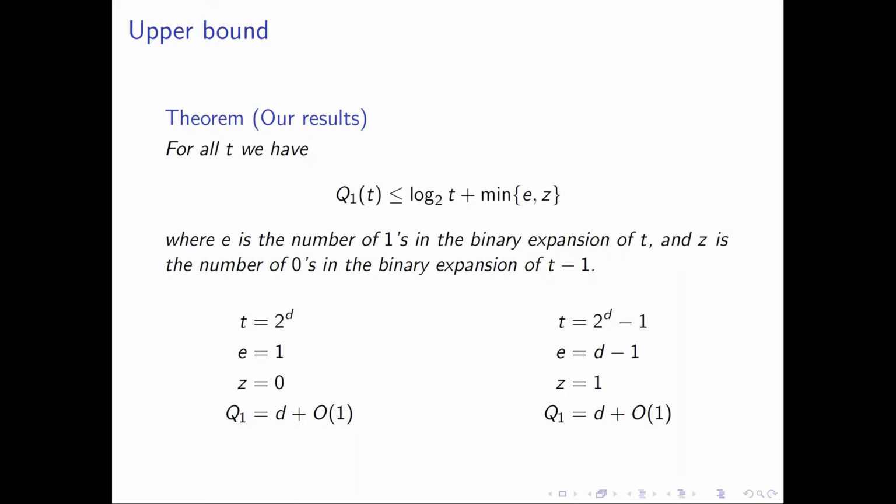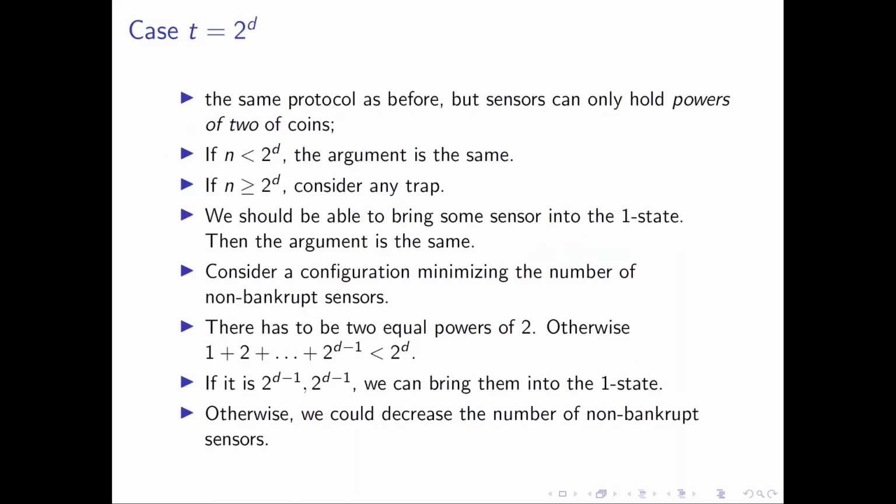So E is large, but Z is small, because Z is the number of zeros in the binary expansion of 2 to the D minus 2, and there is only one 0. There is a nice technical trick which allows us also to solve this using only D states, not 2D or something like this. But I will start with the case 2 to the D.